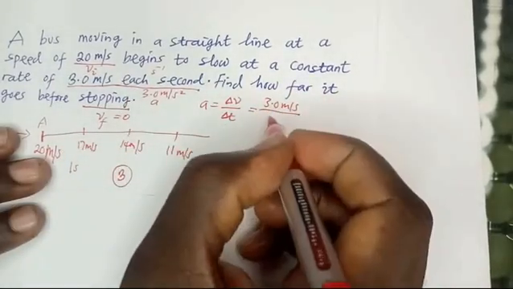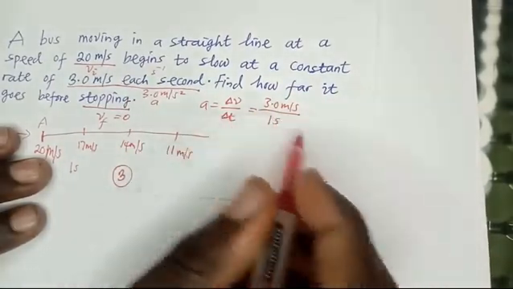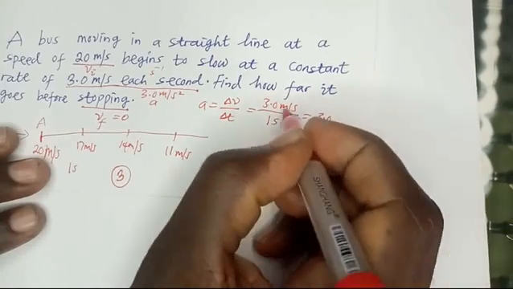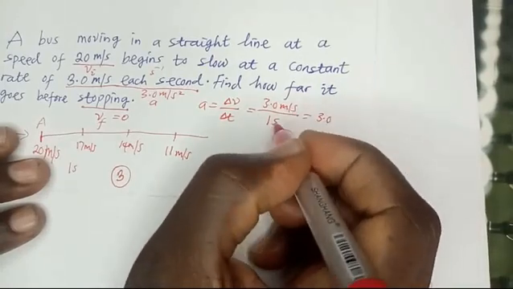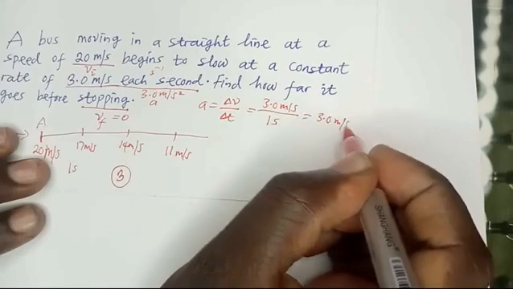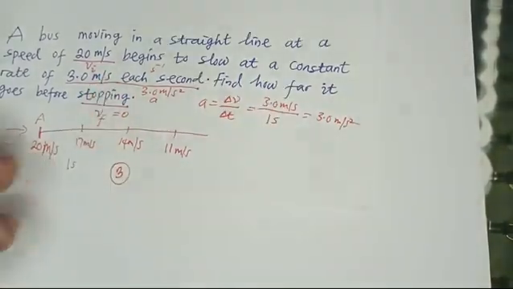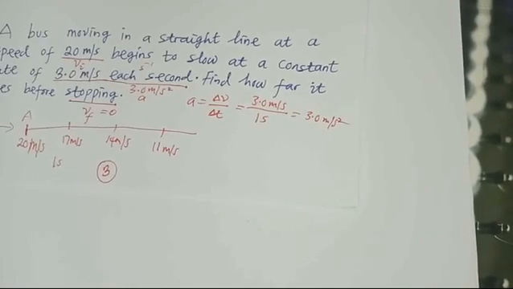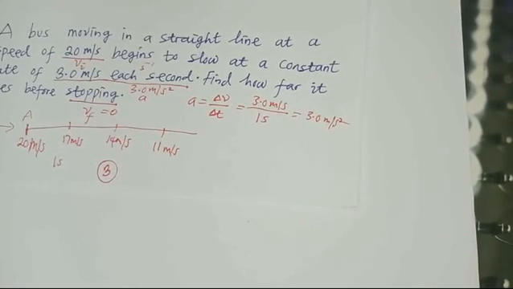Each second means a 1 second interval, and when you divide 3 by 1, you get 3.0 meters per second divided by second, meters per second squared. So I am trying to convince you that the quantity given there is not velocity, it is acceleration.